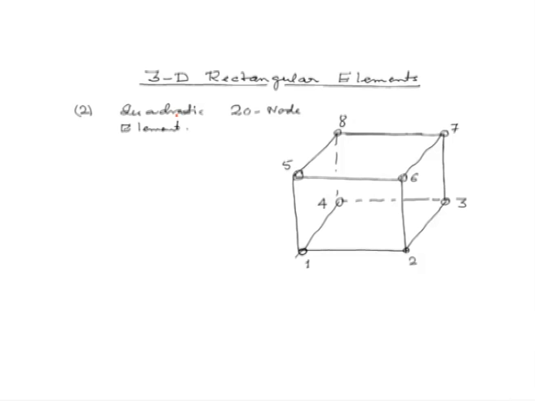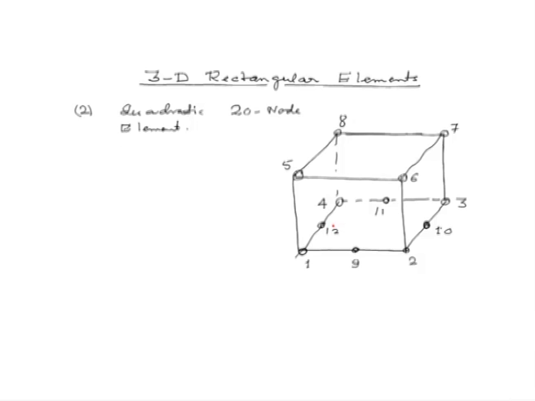Okay, now how do we define the mid nodes? Their numbering will now start in order. Let us say the midpoint of 1 and 2 will be numbered as 9. In the same fashion, 2, 3 gives us node number 10, the 3, 4 midpoint gives us 11, 4 and 1 gives 12.